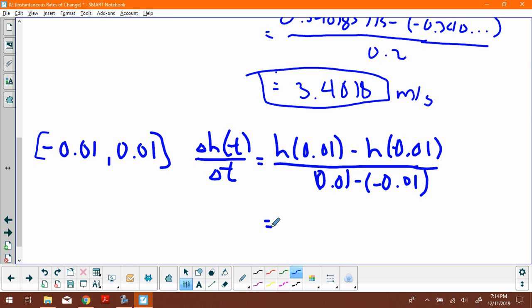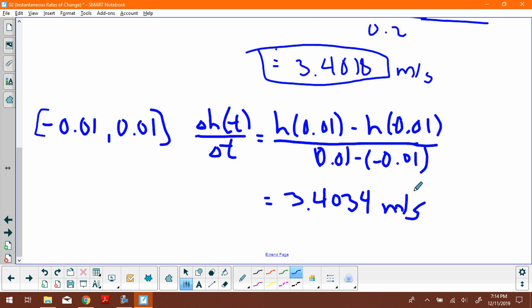So I'm just going to run this one through my calculator and see what I get. When I run it through this time, I end up with 3.4033. This is different than when I got the first time, right? I mean, obviously they're both about 3.4, but to more decimal places, they've changed. It's a little bit different.